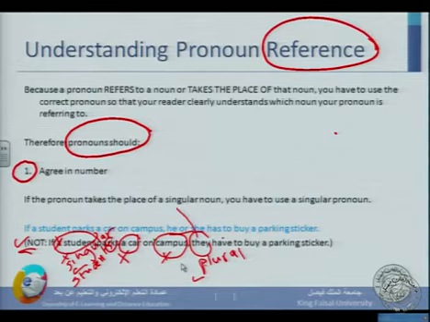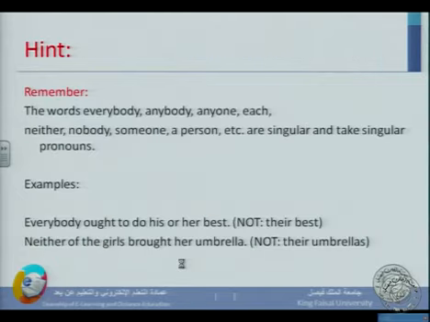Students, so they refers to students. In this case this sentence is correct. ماشي؟ Okay.